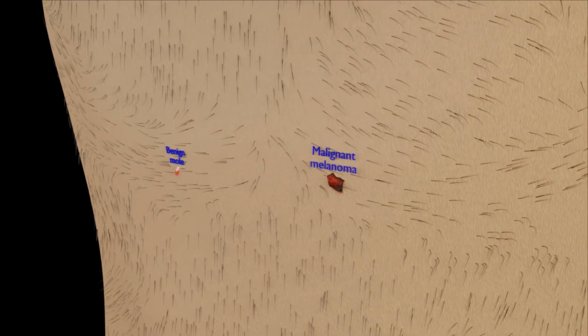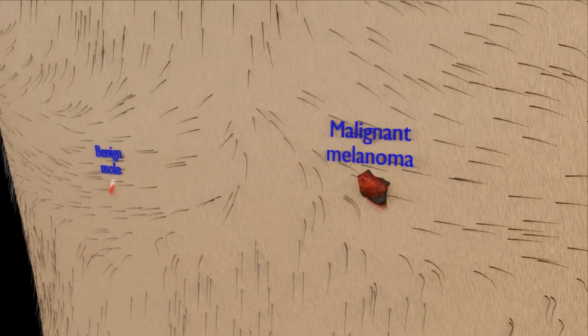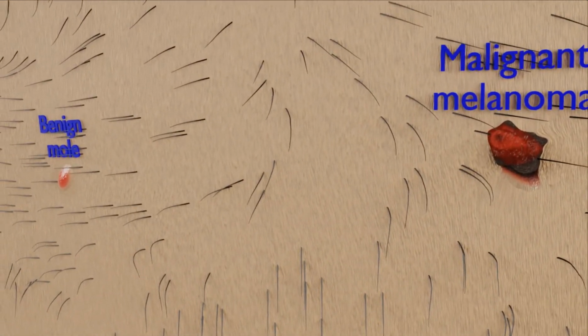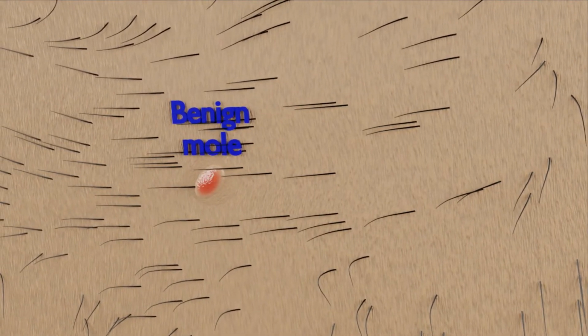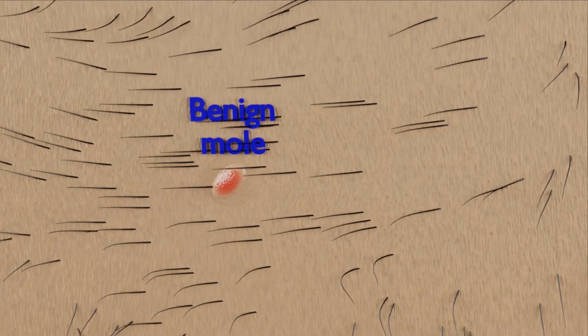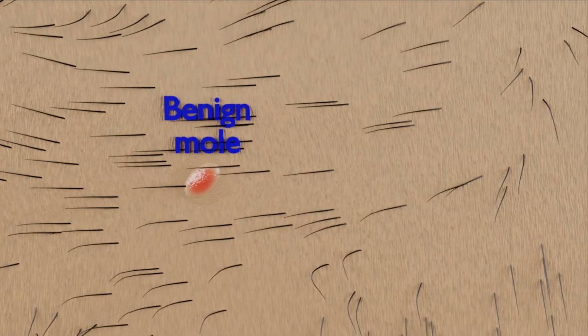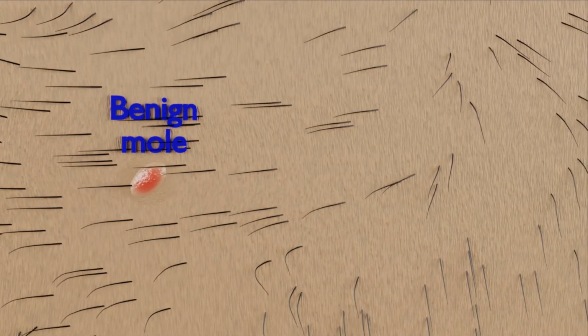The medical term for a mole is nevus. A mole or nevus is a benign melanocytic tumor, meaning a non-cancerous skin lesion that develops from pigment producing cells of the skin called melanocytes.